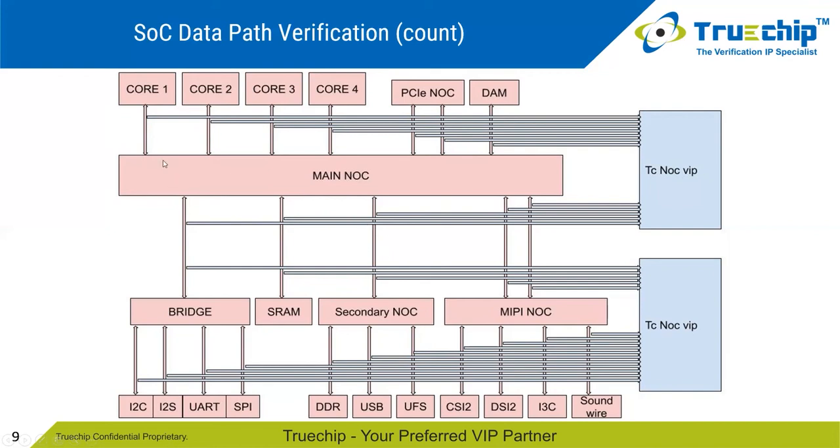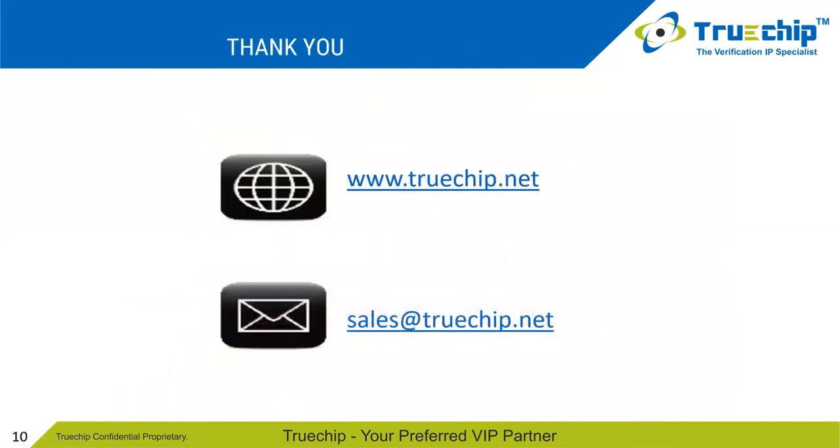In the same way, the main NoC has sent a transaction to the secondary NoC and the secondary NoC has sent a transaction to the DDR, so you can check whether the main NoC's data and the secondary NoC DDR interface data matched properly. This way, at any point of the SoC, you can find data integrity using the Truechip VIP extension. So here we have completed the Truechip NoC VIP extension. Thank you.